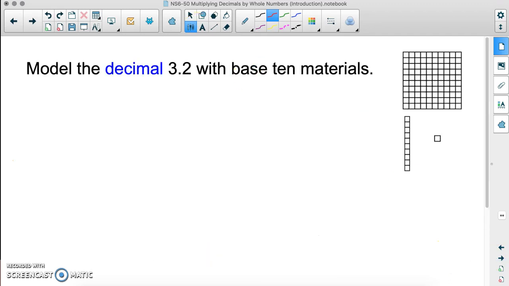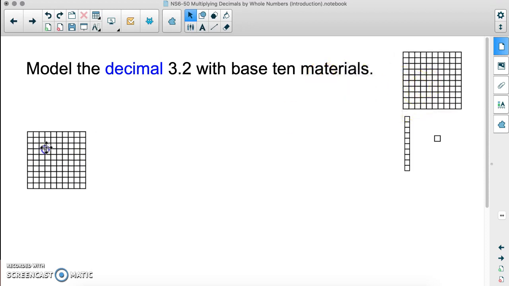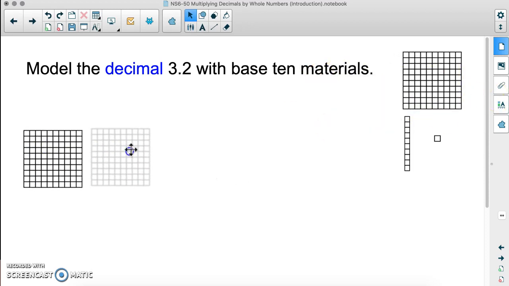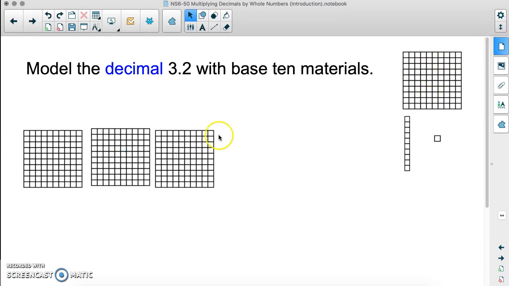So let's build the model of 3.2 with base 10 materials. So how do I do this? Well, I'm going to need 3 ones, 1, 2, 3, and I'm going to need 2 tenths, 1, 2.